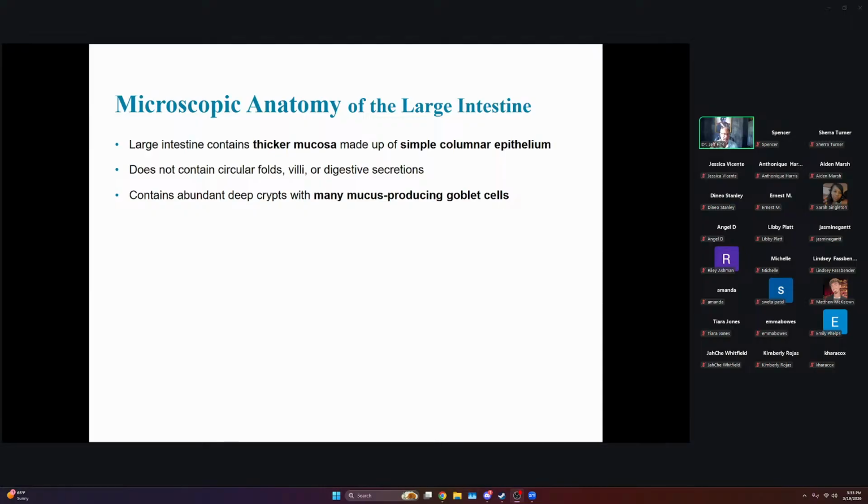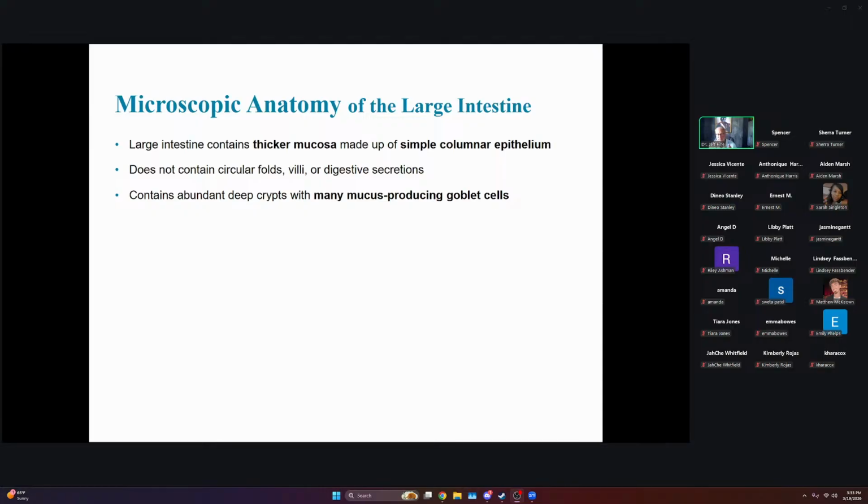So if we pull all of those liquid components out of the chyme, by the time that chyme, the waste, reaches the large intestine, it's going to be much thicker and much drier in nature, okay? So this is where form meets function.